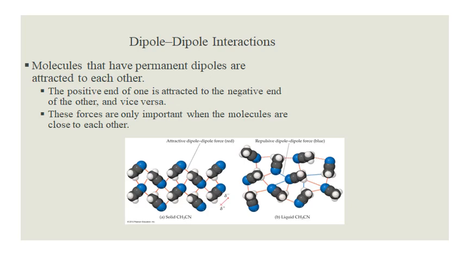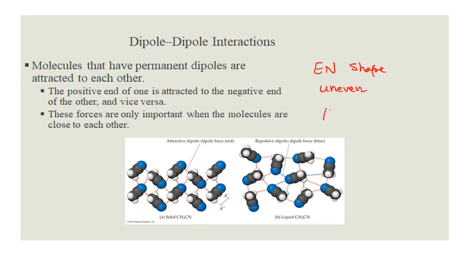If there is a permanent dipole, there will be dipole-dipole attraction. How you decide whether the molecule is polar or non-polar is based on the electronegativity difference between the atoms as well as the shape of the molecule. So if there is an uneven distribution of electron density, that molecule is going to be polar.